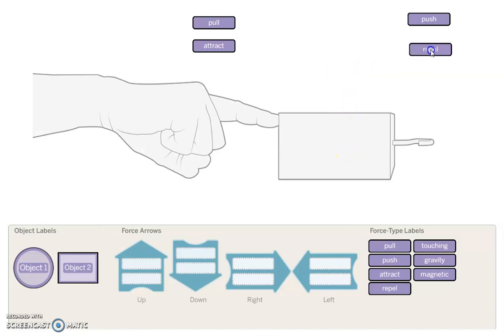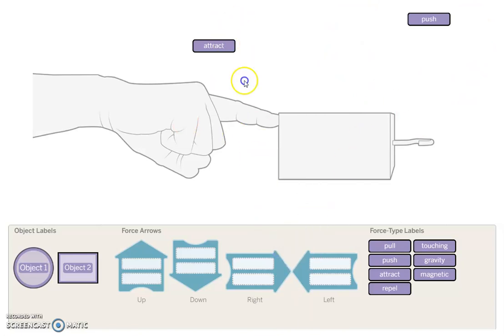Repel means something being pushed away, something being set away from you. So we have pull and attract for something coming into you, and push and repel for something going away from you. So these are things that go to you, and these are things that go away from you.